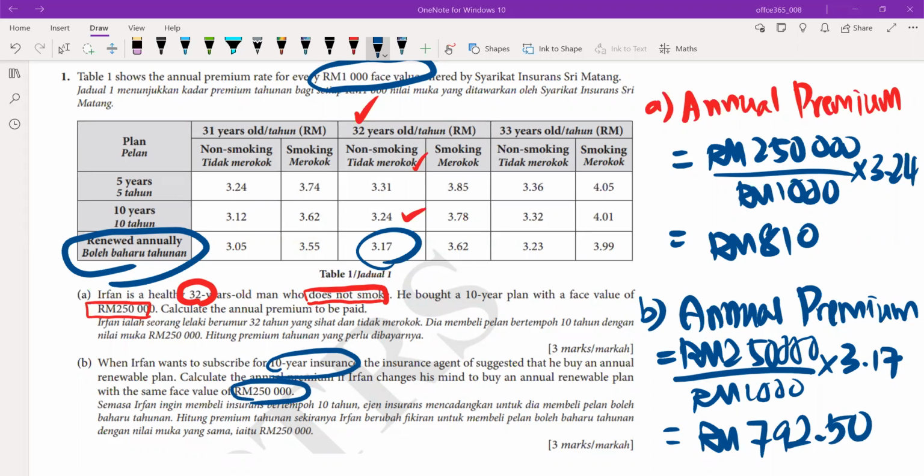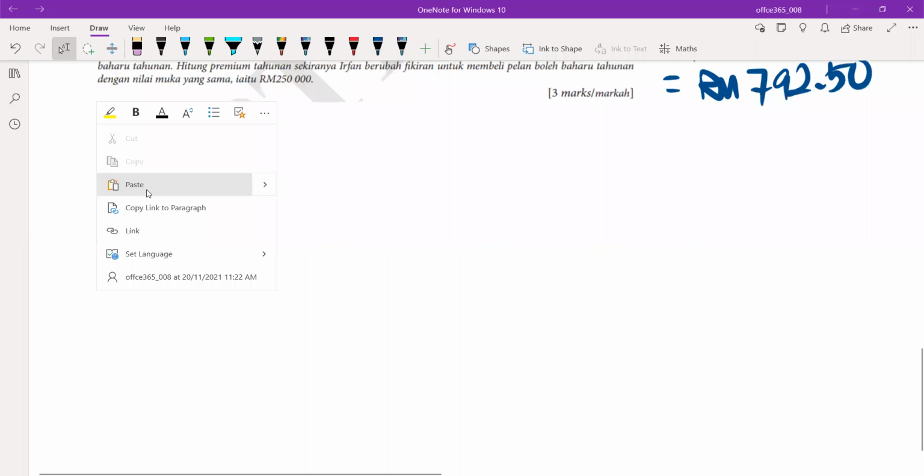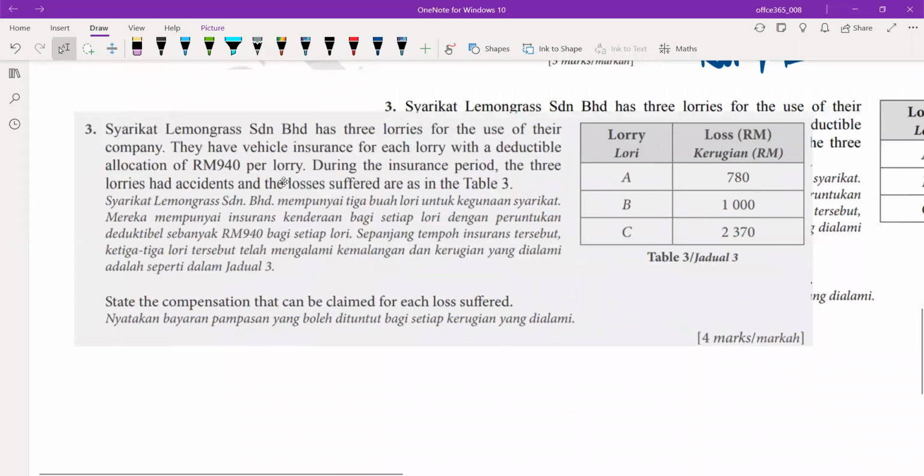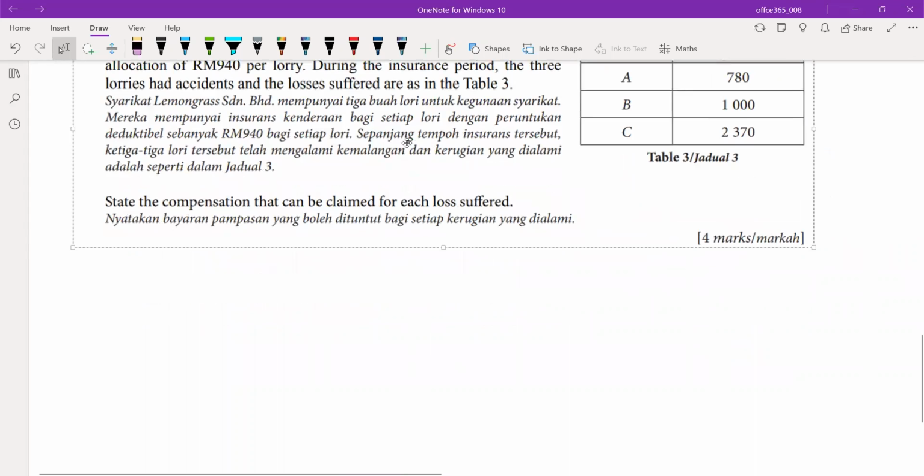Okay, so let's see. Now I have another question related to not just life insurance, but also lorry accidents, all these things. Let's look at a more interesting question, because some questions are not inside the textbook. So you just need to attend the class, then you learn.